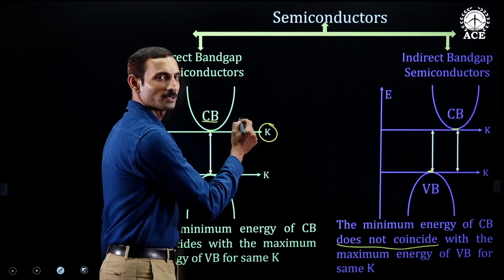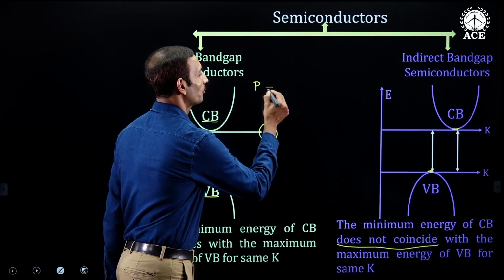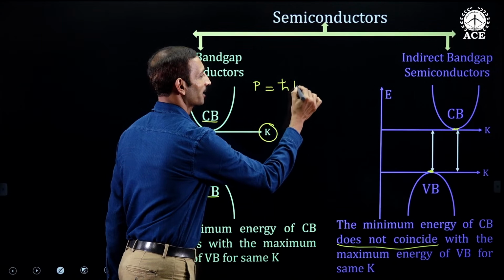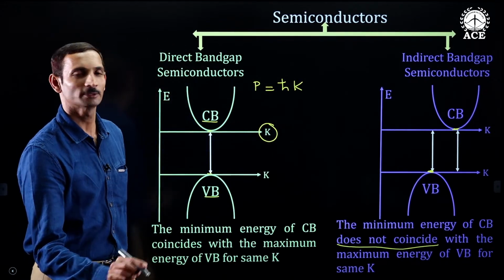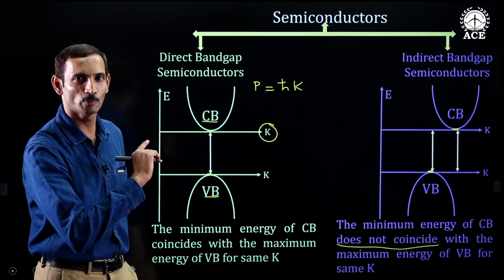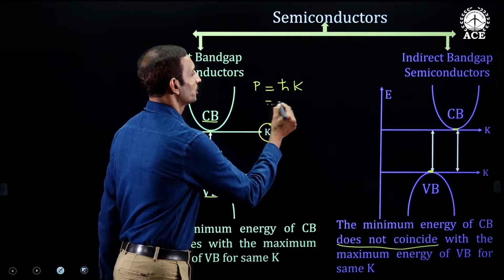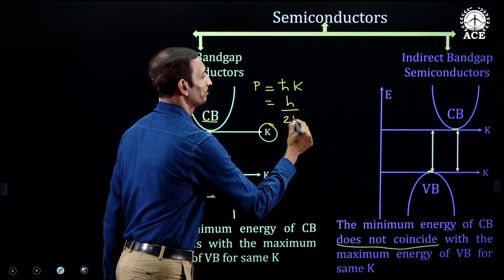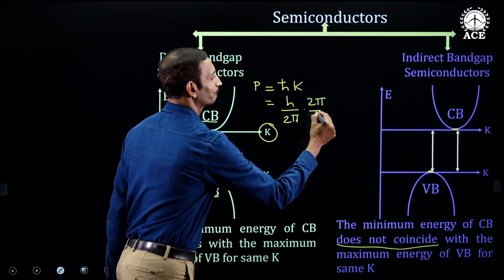Because you get the momentum of the particle, say if you write it as P, in quantum mechanics we write it as h cross K. H cross is a constant, h by 2 pi. K is the one that decides the momentum of the particle. How come? Because you can write this k as 2 pi by lambda.